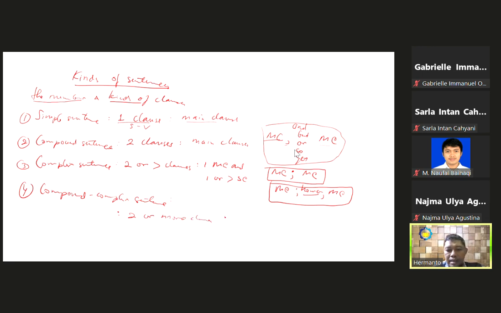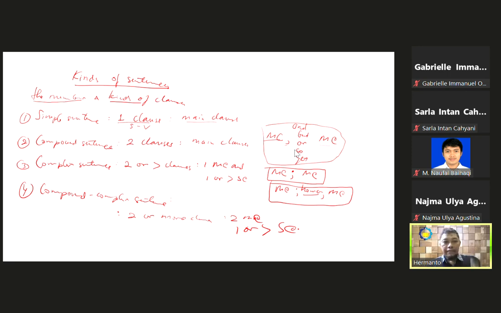How many main clauses? Two main clauses. How many subclauses? One or more subclauses. So that is the compound-complex sentence.